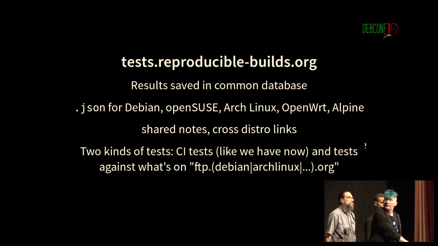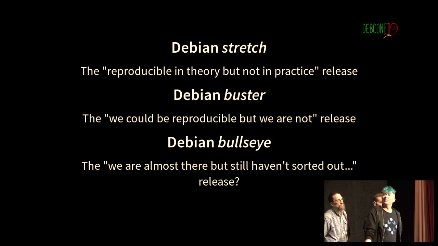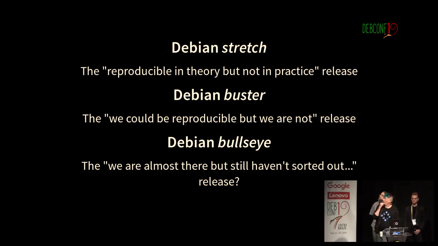And there's the thing, there are two kinds of tests, and at the moment we only do the CI test, we don't do the rebuilds. So this is a bit depressing, but the good thing is bullseye is not sorted out yet, so we can still fix things for bullseye.